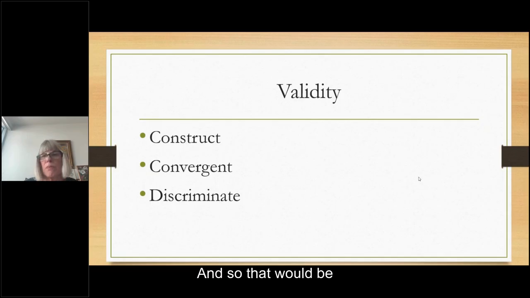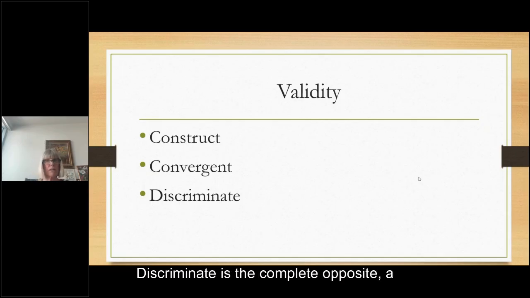And so that would be evidence of convergent validity. Discriminant is the complete opposite, a lack or an absence of a relationship between a measure that measures one construct and a measure that measures a completely different construct. We have several studies that discuss that.